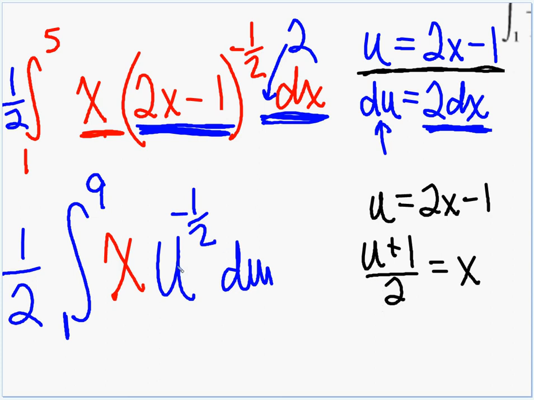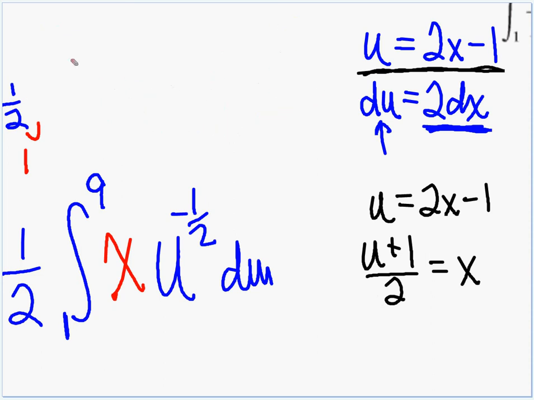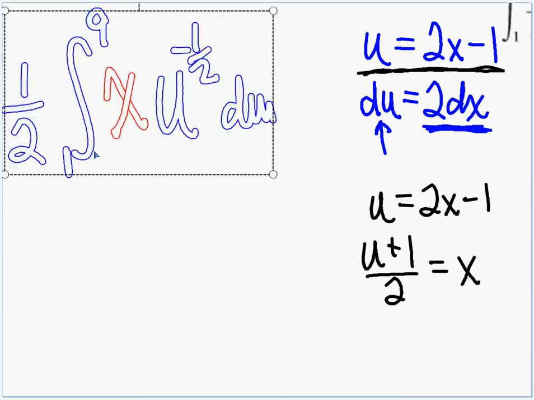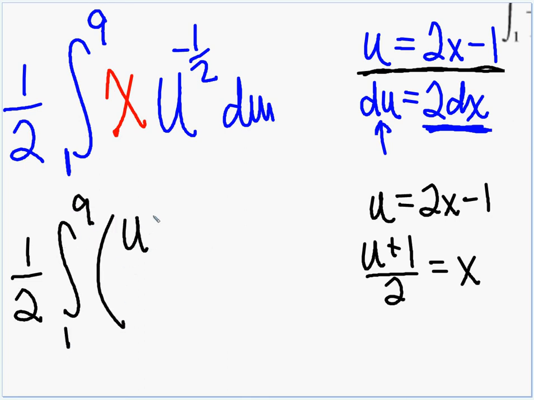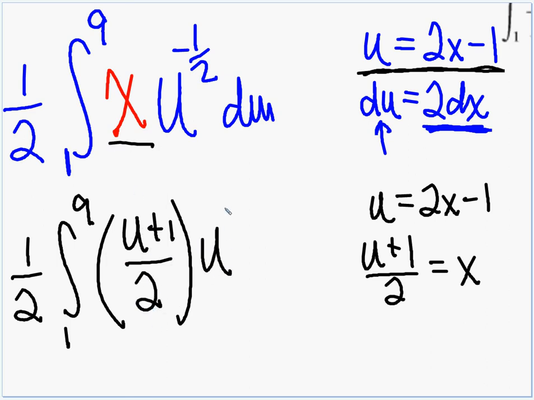And I think I'll just clear a little room up here so I can move this up and do that. There we go. So we've got 1/2 definite integral 1 to 9 of u plus 1 all over 2, which replaces the red x, and then this is u to the negative 1/2 and a du. Okay, I hope this works out.